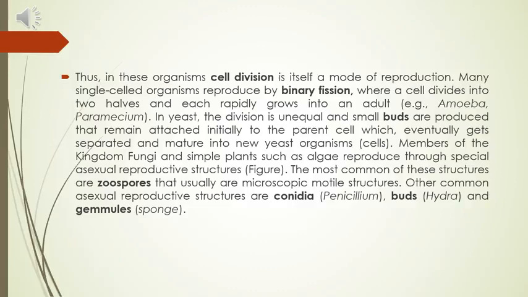So principally, the asexual mode is followed by a type of cell division, a category we call mitosis. In this module, we have learned very brief information about the asexual mode in animals. In the next module, we will discuss the asexual mode in plants. Thank you.